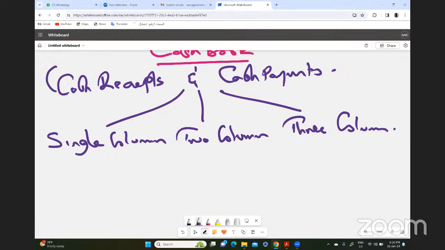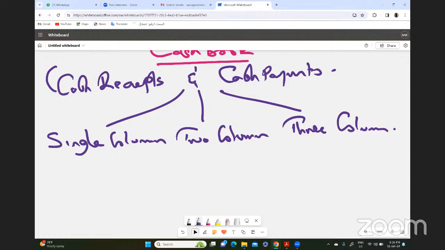In all these, the only thing that changes in the structure is the amounts column. If it is a single column, the amount column will be one, meaning someone is dealing in cash alone. If it is two column, we divide the amounts column: one of them will be bank, and the other is cash. Then for three column, we introduced an aspect to do with discounts.